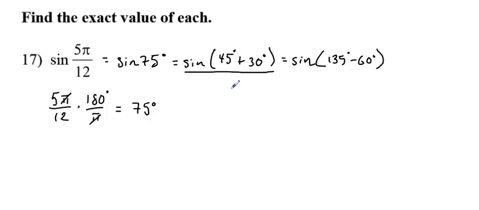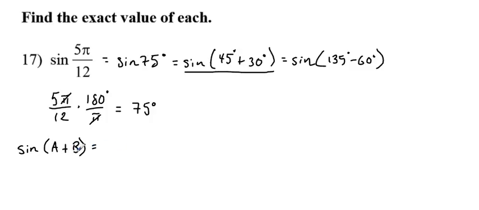So the sine of 45 plus 30. So I'm finding the sum identity for sine. So from our blue sheet of paper, I'm going to write sine of A plus B. Remember, A stands for the first angle, and B stands for the second angle.